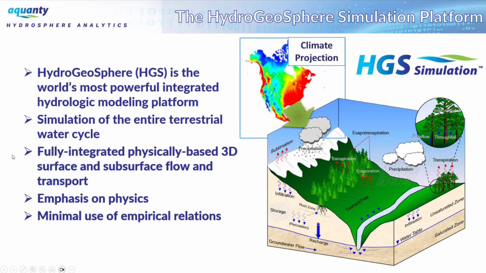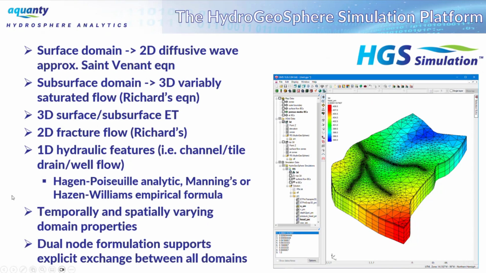We simulate the entire terrestrial portion of the water cycle, major emphasis on physics with every piece of the puzzle, with every governing equation, and minimal use of empirical relationships wherever possible. We've already talked about the basic level capabilities: 2D diffusive wave equation for surface flow, 3D Richards equation for subsurface flow, 3D evapotranspiration.